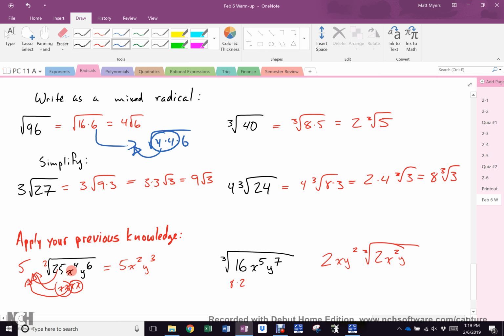So when it's variables, you are just bringing out groups of variables. Everybody good? That is how you simplify a radical, even complicated ones. If you're having trouble with that, then the next few days are going to be very trying for you. So make sure you are comfortable with that.